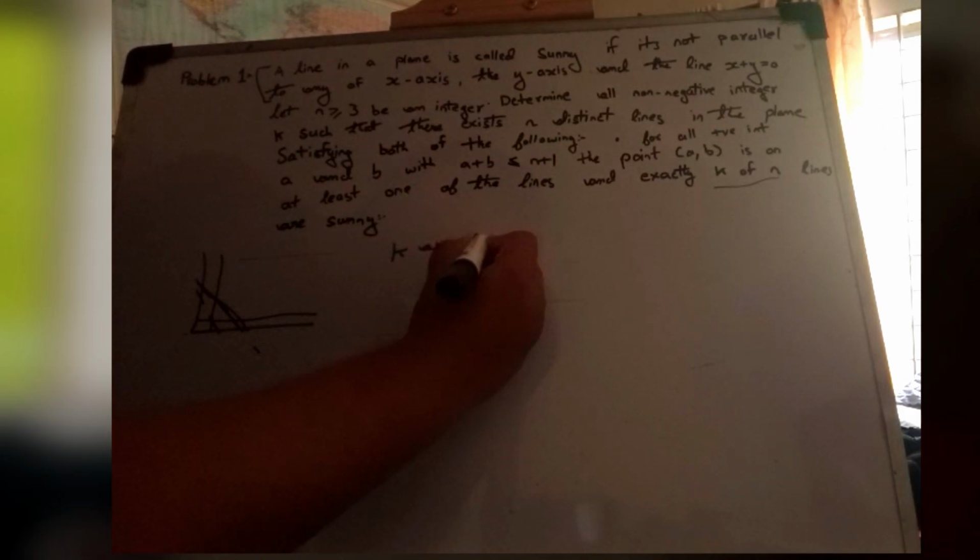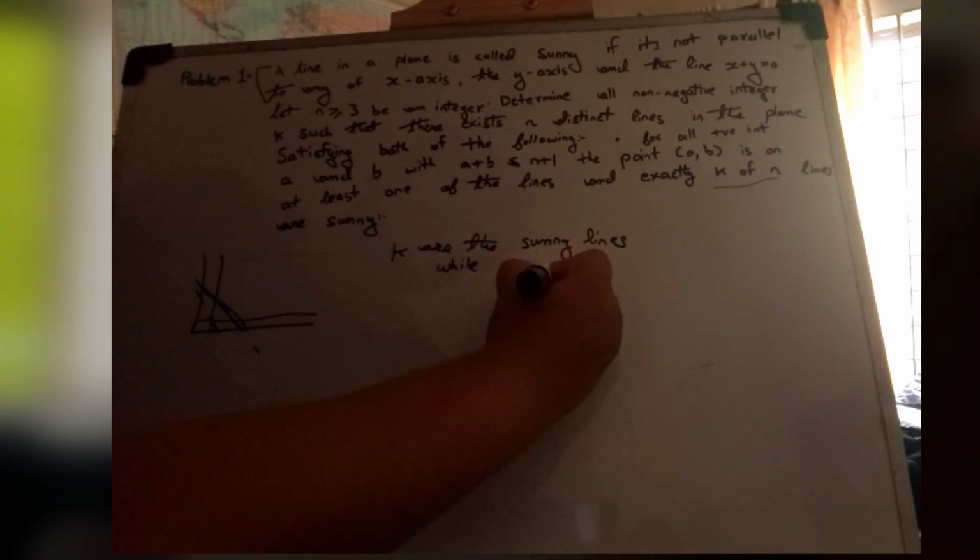So let's first define what k and n are. k are the sunny lines, while n are the total lines.